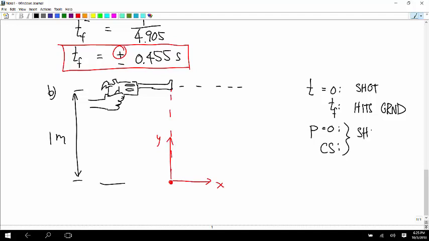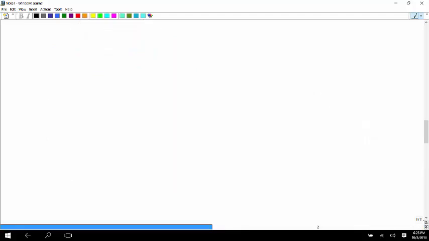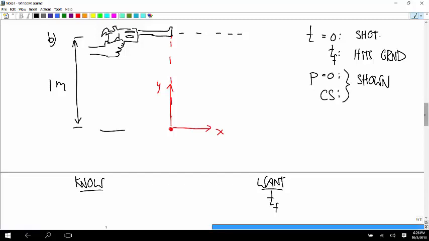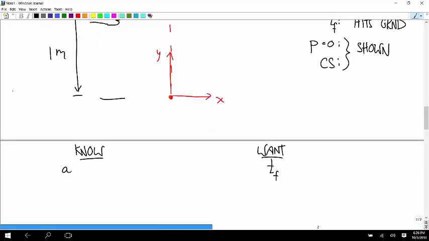So these are just both shown in the picture. And now we have to think through all the variables. So first time final, again, that's what we're trying to find. Acceleration, AX is 0, AY is negative 9.81.